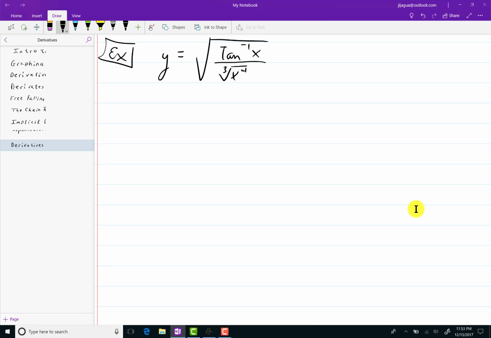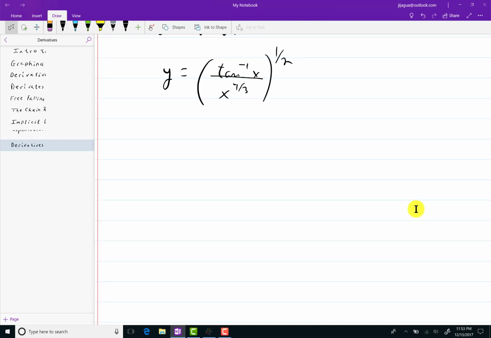So instead of that, I'm going to have y equals tan inverse of x all over x to the 4/3, and that is to the 1/2 power. So the outermost function is to the 1/2 power. So when I take the derivative, dy over dx, first thing I'll get is 1/2, leave the stuff alone inside right now, tan inverse of x divided by x to the 4/3.